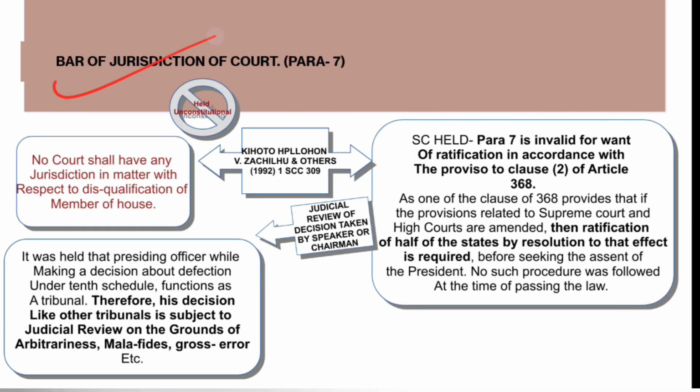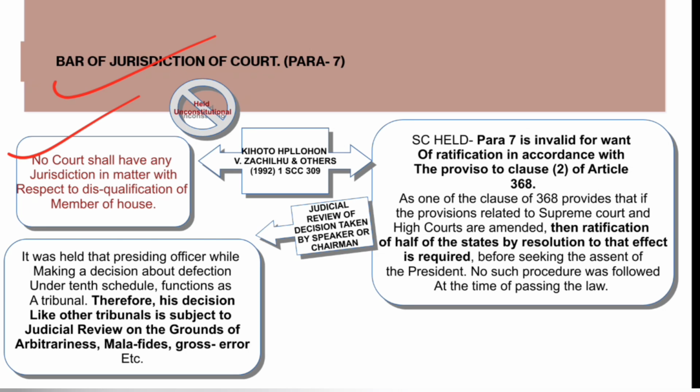Then comes para 7, which provided that no court shall have any jurisdiction in any matter with respect to disqualification of a member of the House. So this para 7 was also challenged, and it was held unconstitutional, as judicial review is part of the basic structure of the Constitution, and the same cannot be taken away by any provision.